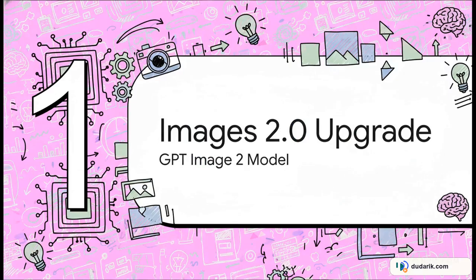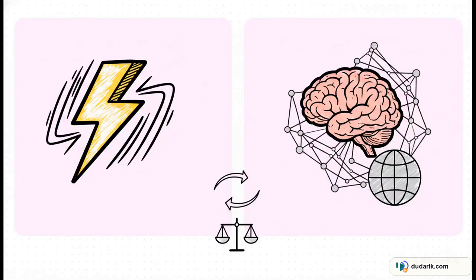Starting right off with Part 1, the ChatGPT Images 2.0 upgrade. Now, seeing the evolution of OpenAI's priorities over just a few short months is honestly brilliant. If you look back at December 16th, 2025, when they dropped GPT Image 1.5, the major selling point was raw speed, specifically up to 4 times faster edits than the generation before it. It was really all about making the tools snappy.